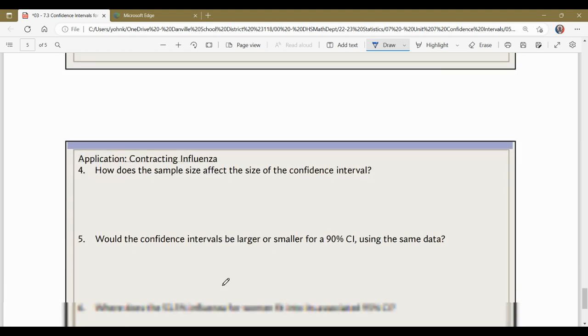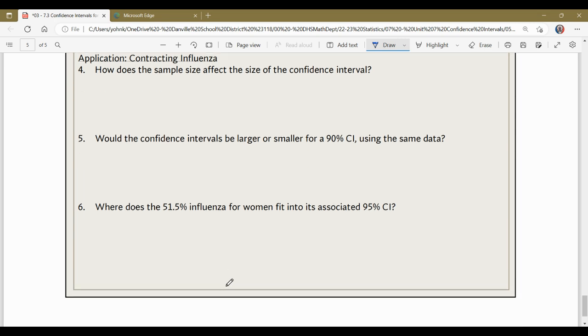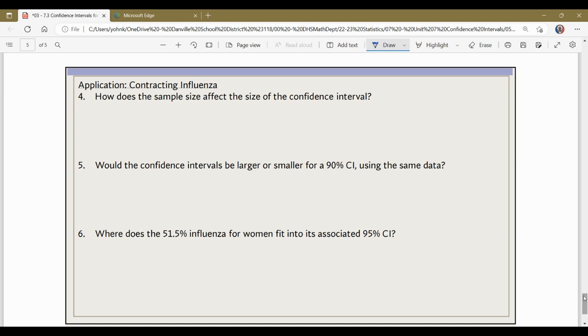All right. How does the sample size affect the size of the confidence interval? Well, if you have a larger sample size, then your margin of error is going to be smaller and your confidence interval will also be smaller.